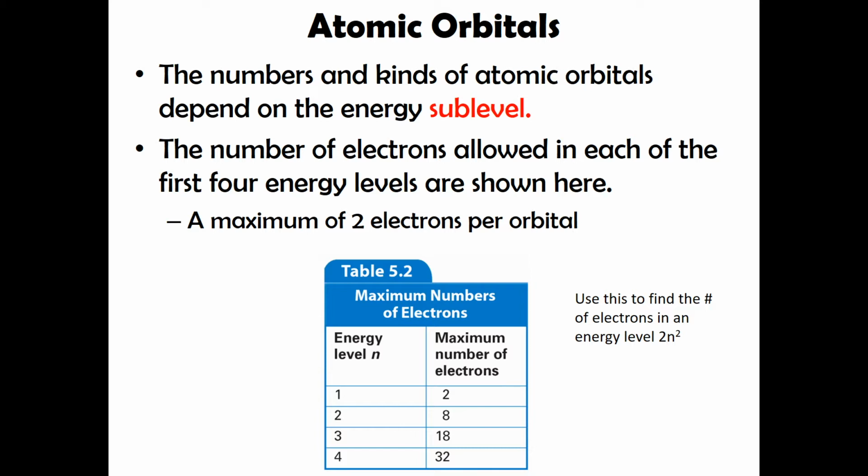So 2 times 1 squared is just 2. 2 squared is 4, 4 times 2 is 8. 3 squared is 9, 9 times 2 is 18. 4 squared is 16, 16 times 2 is 32. So you can figure out the maximum number of electrons in that energy level. And again, there's only 2 electrons per orbital.